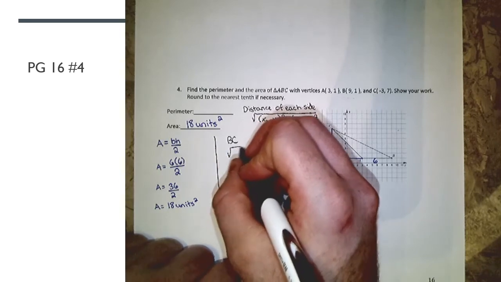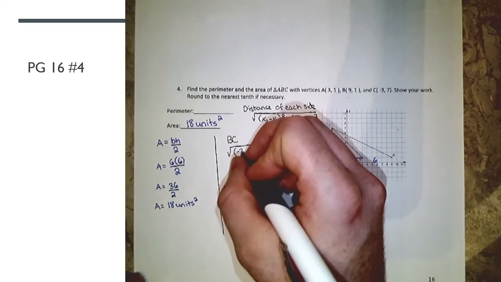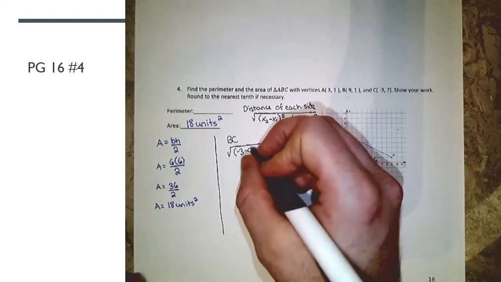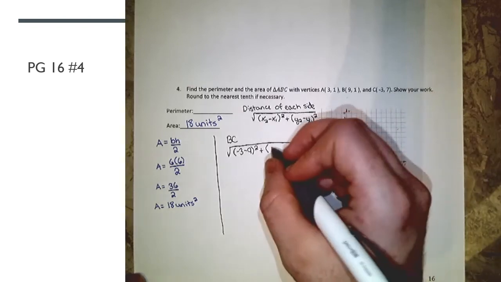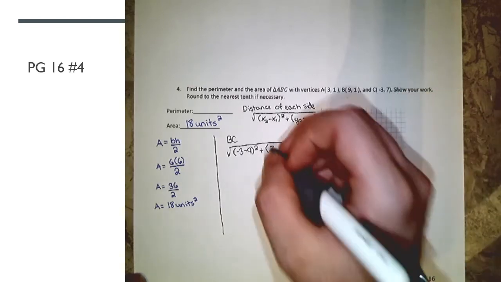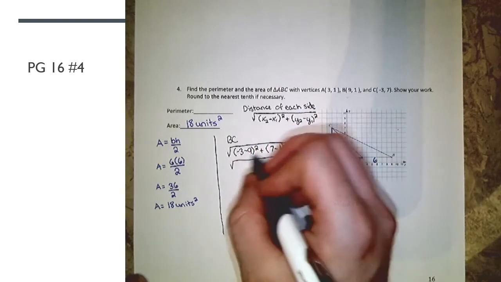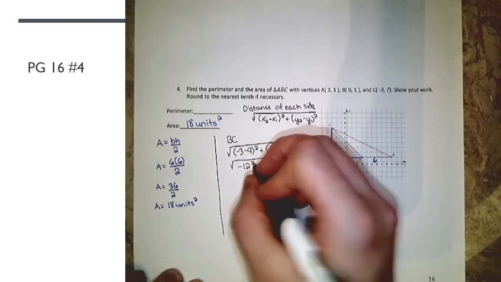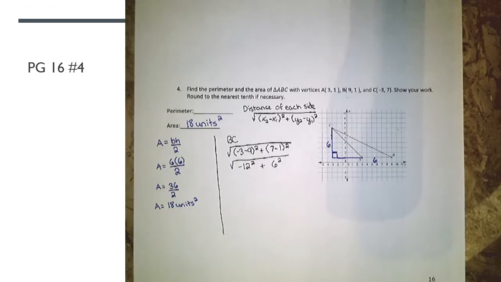So when I do this, I would get (negative 3 minus 9) squared plus (7 minus 1) squared. Next I do what's inside the parentheses. Negative 3 minus 9 is negative 12, squared, plus 7 minus 1 is 6. And I can't forget that it also says it's squared.